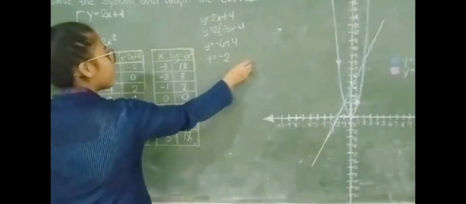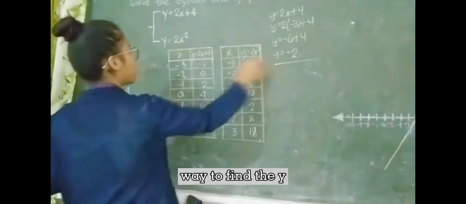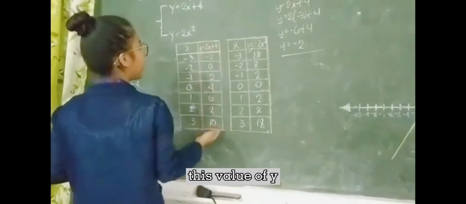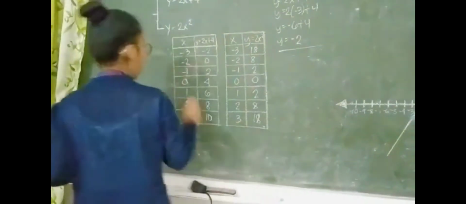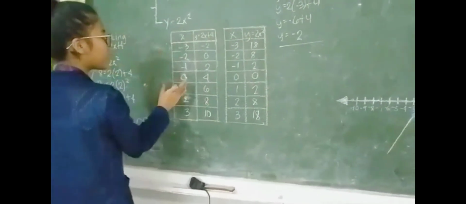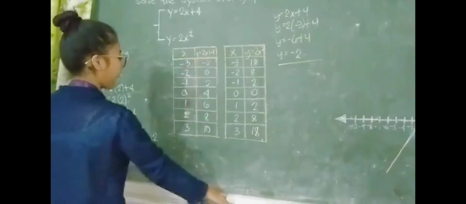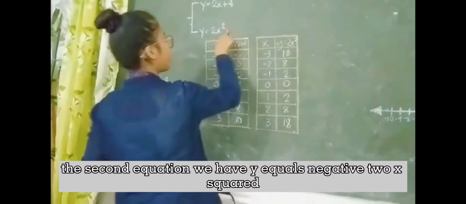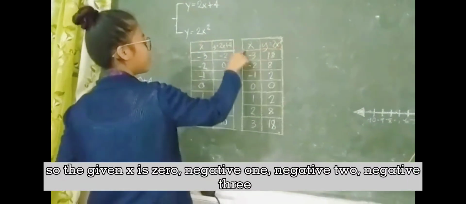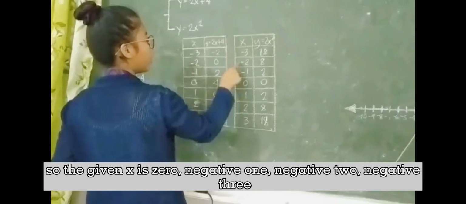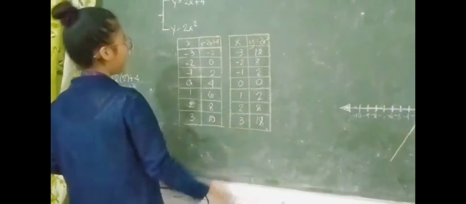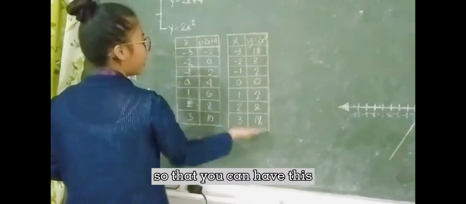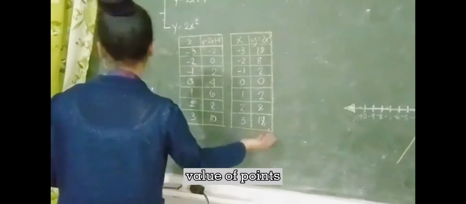Same way to find the other values of y, we only have to substitute x into this equation. Okay, so the second equation, we have y equals 2x squared. So the given x: 0, -1, -2, -3, 1, 2, and 3. Same way, so that we can have the values of y.